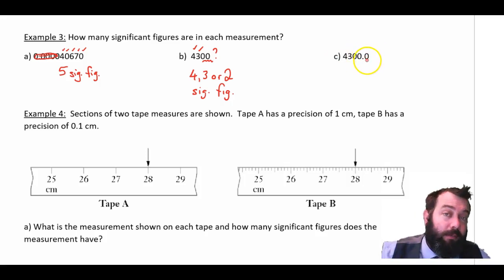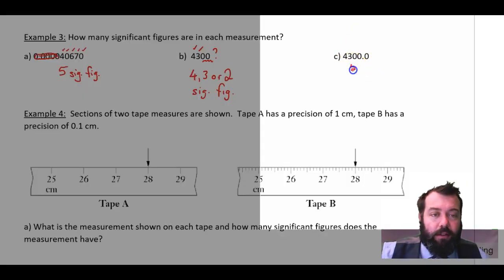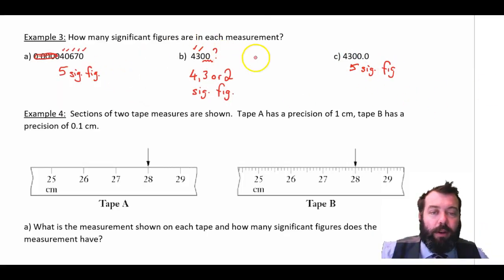This is suggesting the nearest 1 decimal place, which means 1, 2, 3, 4, 5 significant figures here. So once again, this is 5 significant figures. Now, the previous one can't be 5 because we would have to have a 0.0 there to indicate the 5, but it might be 2, 3, or 4 significant figures.